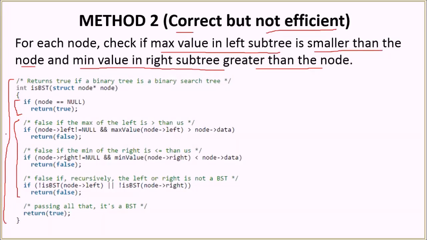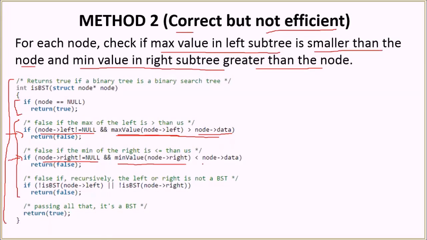So let's start with the first condition. These are basic sanity checks: if the left node is not equal to null, then we are checking the maximum value of the left subtree against the current node. Similarly, we are checking here that if the right node exists, then the minimum value of the right subtree should be greater than the node's data.